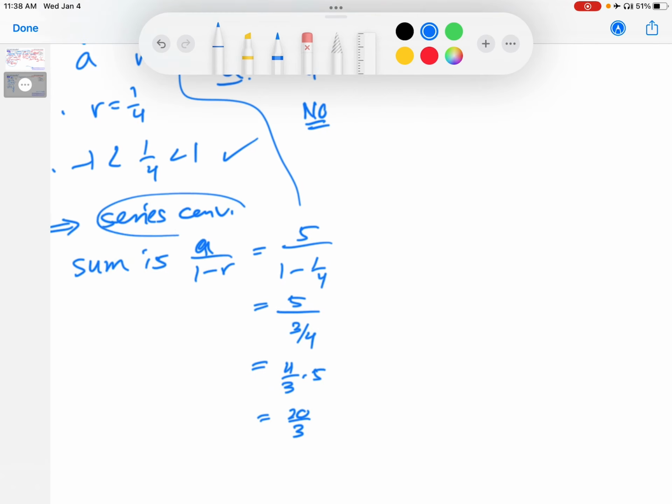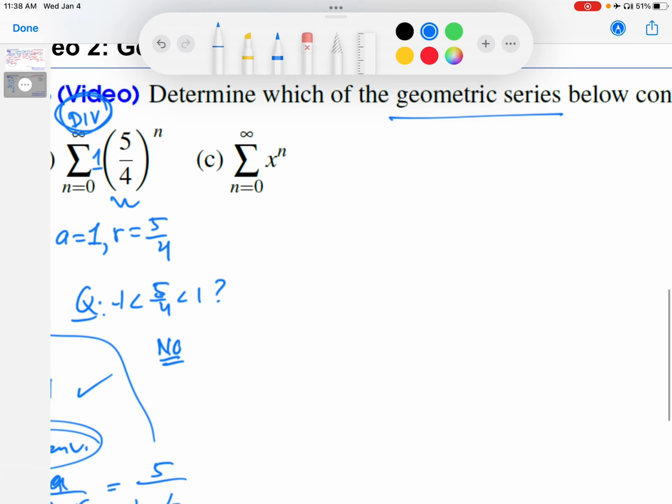Okay? This other one converged, and it converged to 20 over 3. Okay, so moving on to part C. This one is an interesting one. And one of the reasons why it's interesting is because we don't see any numbers for the a sub n term. We see a variable. Nevertheless, here's how we can treat this series. We can say let x be a fixed number.